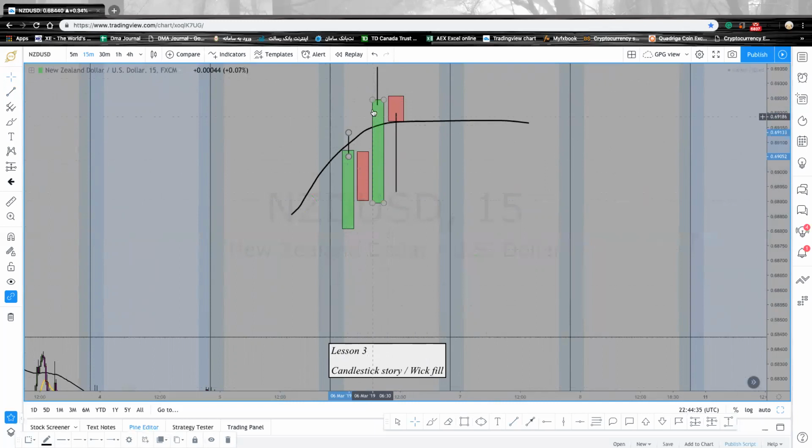Okay, so now that it's broken, you'd say to yourself, the candle is telling me, now I broke it. Let's see if I can stay above it, or I have to go down again. So it shows that it's going down, but at the close of the candle, it comes and respects it again.